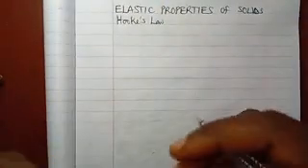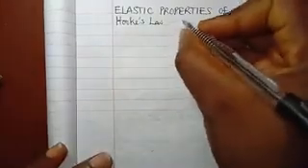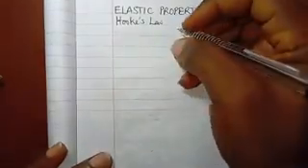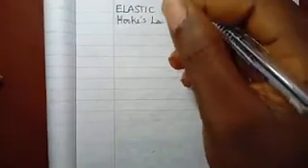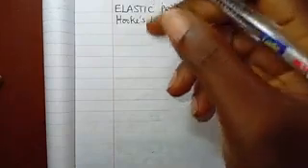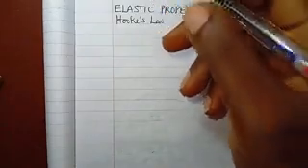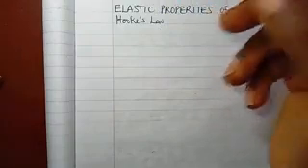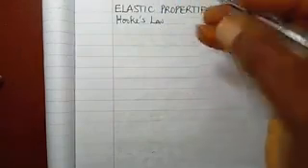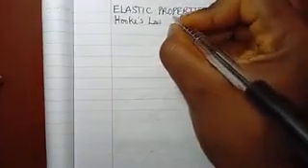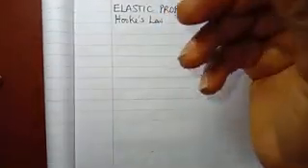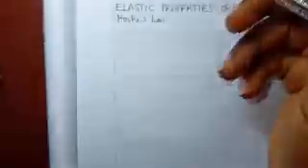Hooke's law states that the extension of an elastic material is directly proportional to the applied force or load, provided that the elastic limit is not exceeded. That is, the applied force or load on an elastic material is directly proportional to the extension produced, provided that the elastic limit is not exceeded.